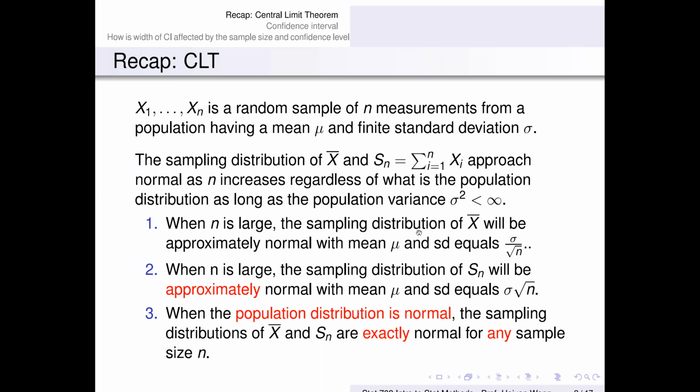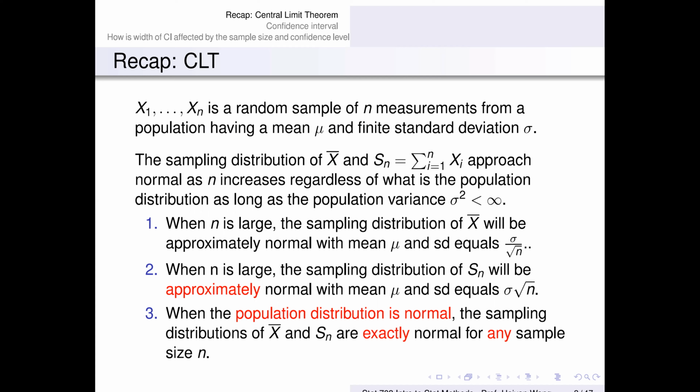First is a review of the central limit theorem. For the central limit theorem, that basically talks about the distribution of the sample mean or the total from a simple random sample. Let's say x1 through xn records the simple random sample from a distribution, and the sample has mean mu and standard deviation sigma.